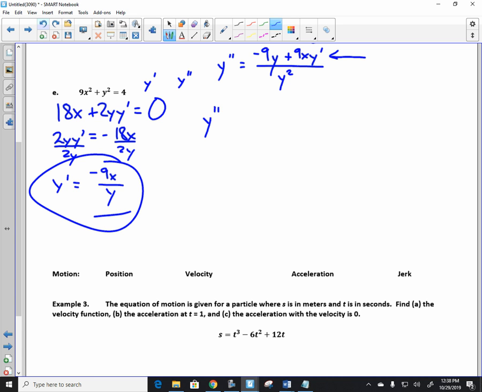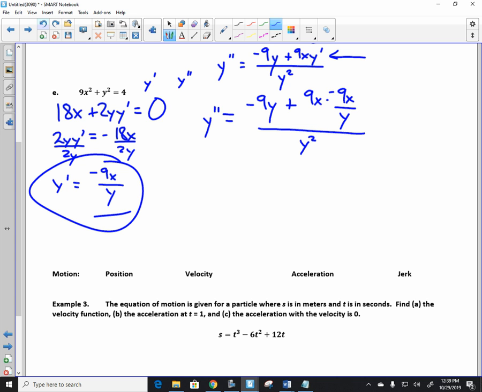So, a little complex fraction could be going on. We've got negative 9y plus 9x times negative 9x over y, all over y squared.